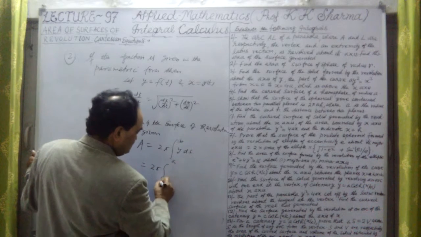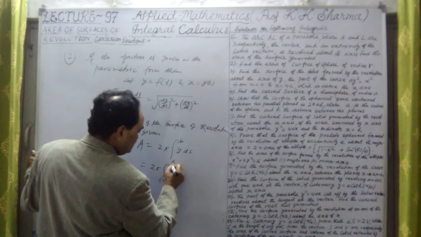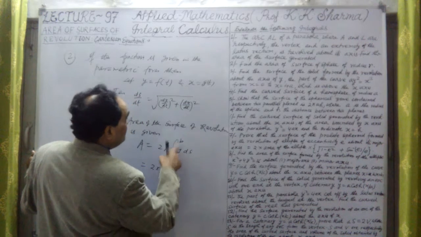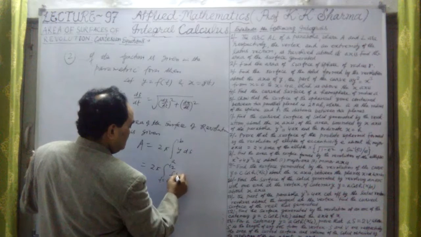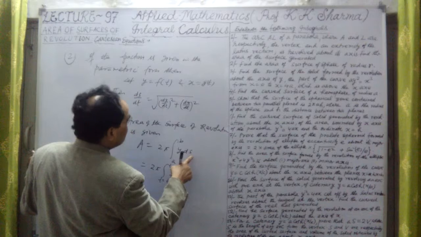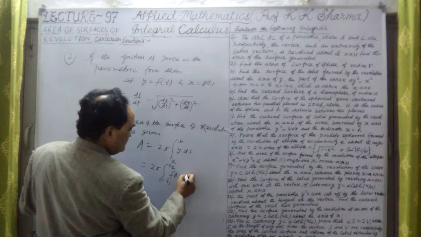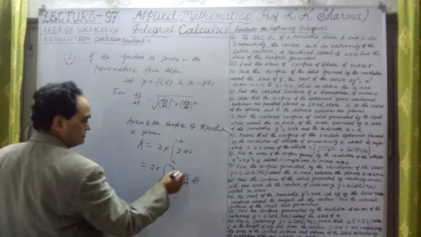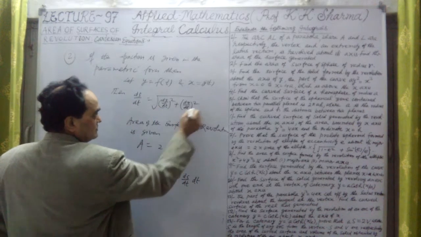Okay, but this is converted into 2 pi. Here the limits are t equal to t1 to t2, since we have converted this into t. Y is here f(t). Now this ds we will write as ds upon dt into dt. So ds upon dt is replaced by this.